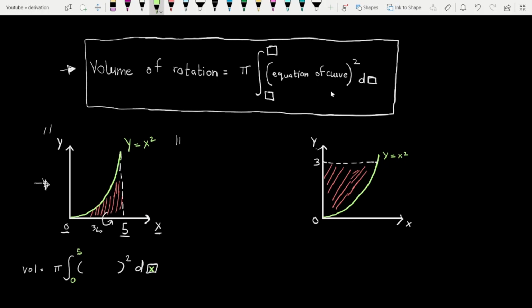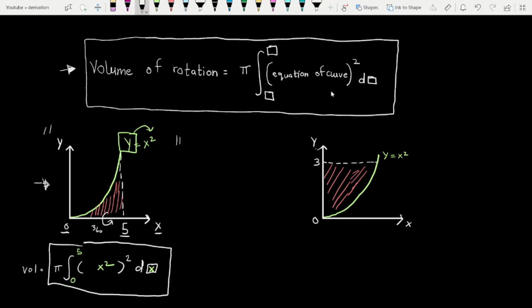Now, since you're rotating the area about the x-axis, you need the equation in terms of x, or in other words, y has to be the subject. When y is the subject, you're going to get the equation in terms of x. Luckily, it's already in terms of x, so we're just going to add an x squared over here. And then you can just solve this using your integration techniques.